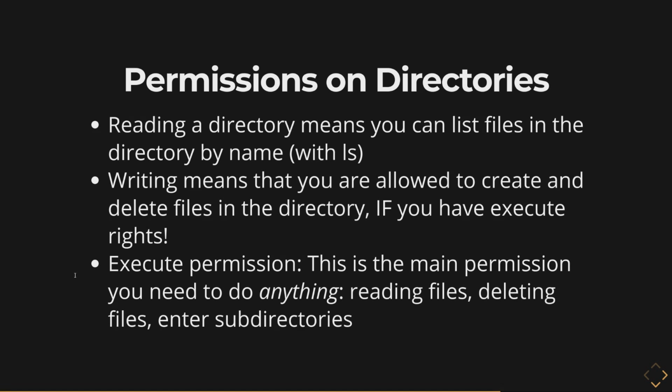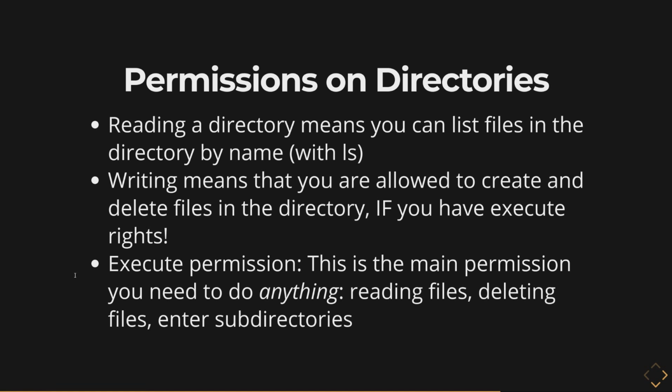So what is the purpose of write if you do not have execution rights? Asks Levendahl. Well, not every file on your system is executable. As we said, only applications and programs are executable. Now, you might still want to have documents, text documents. Those can't be executed, but they contain data that you want to keep.